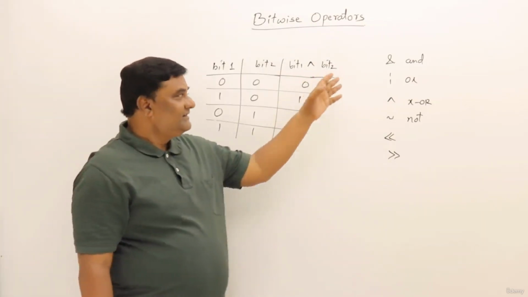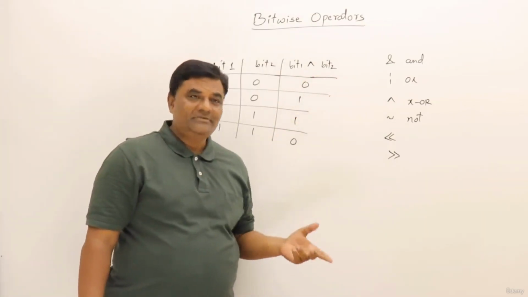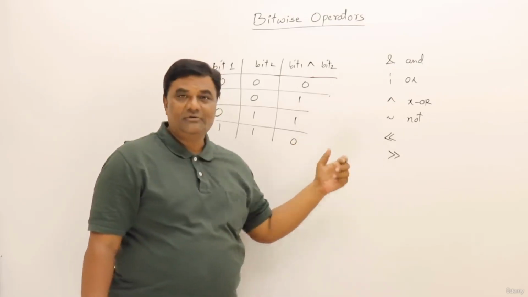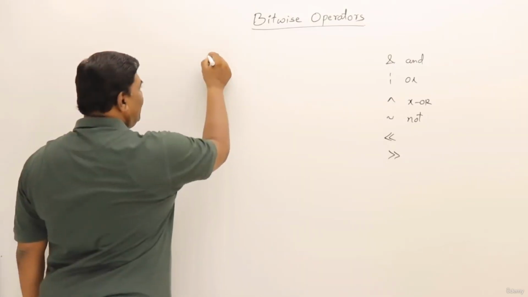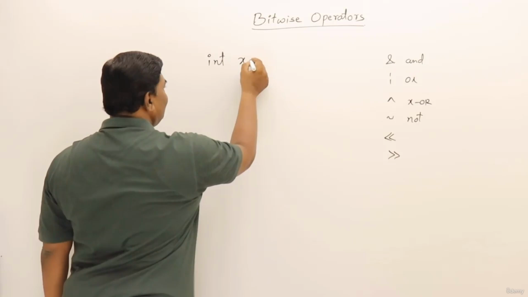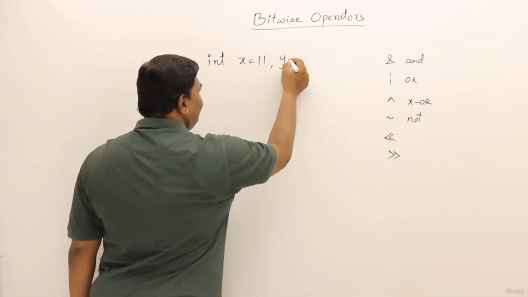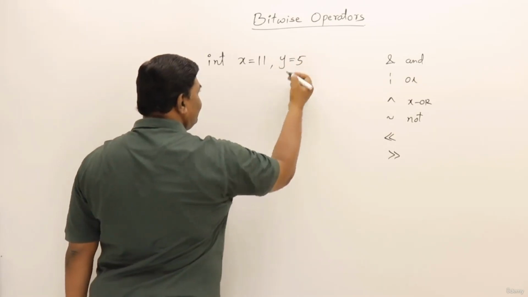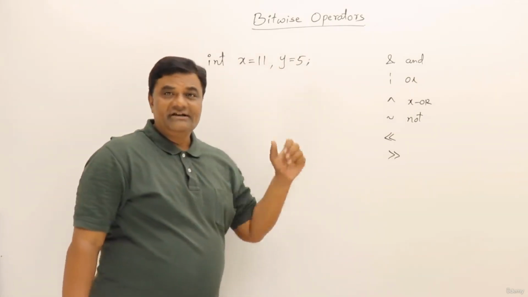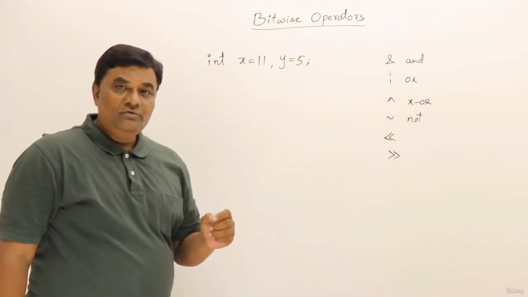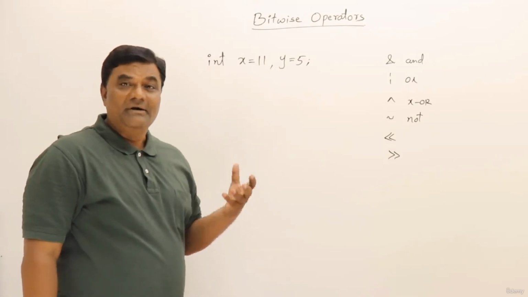Let us learn all these operations by using examples. While explaining that, I'll also explain the shift operations. If I have an integer variable x with the value 11 and y with the value 5, we know that these numbers are actually stored in binary form.